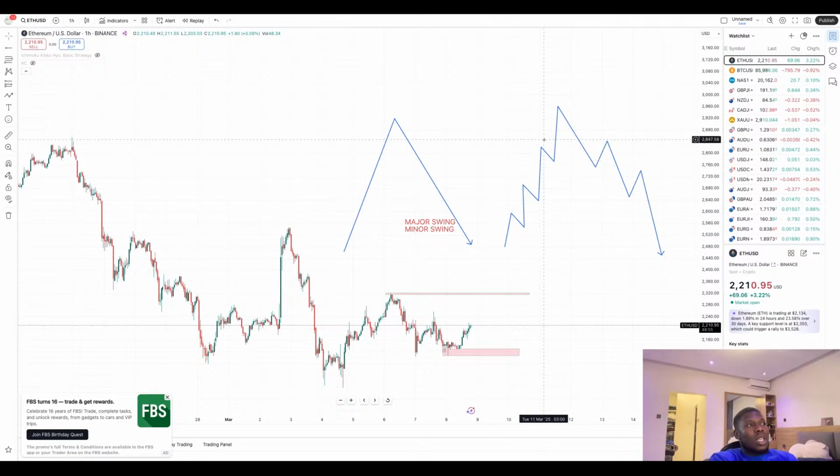This is the major swing, A and B. Let me label them at points. A, B, C. Okay. Then we have small a.